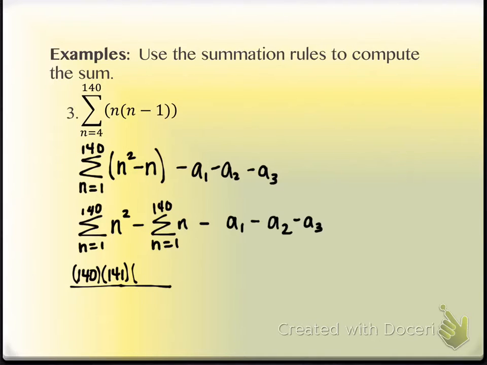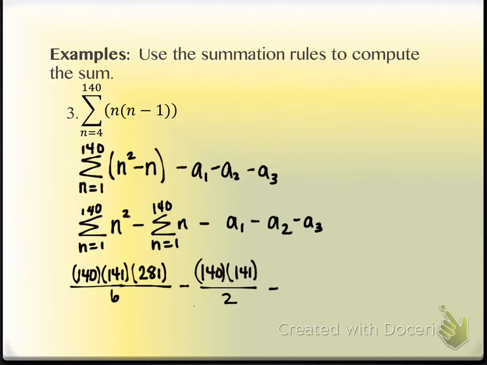What's the last one? 281, yeah. And then divided by 6, right. All right, next piece. Summation from n equal 1 to 140 of n. 140 times 141 divided by 2.